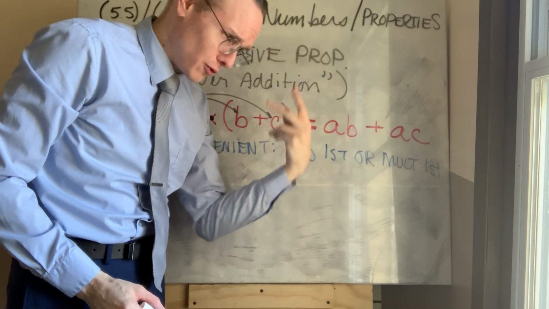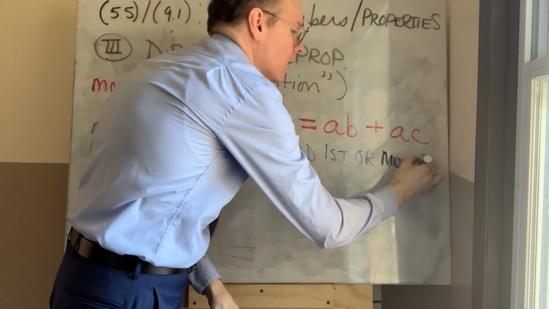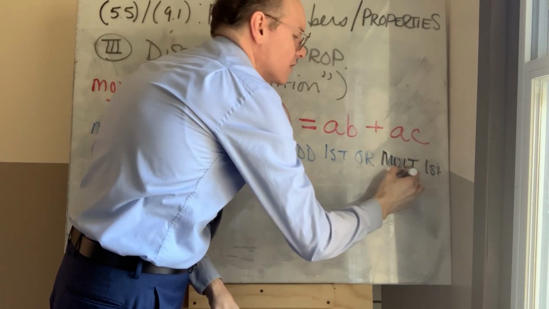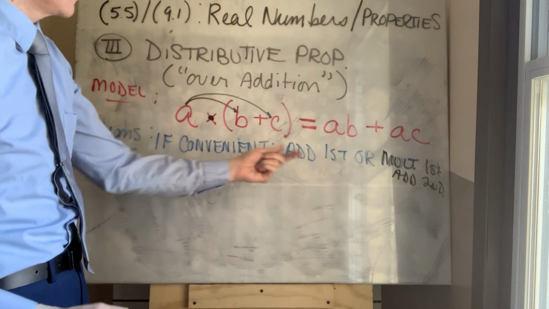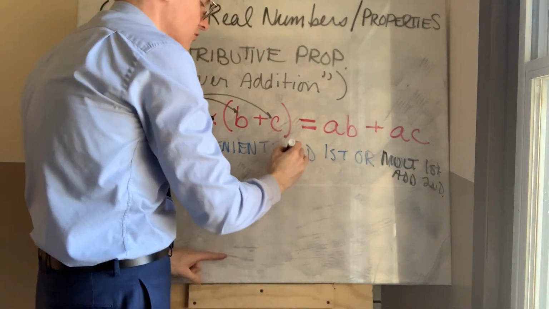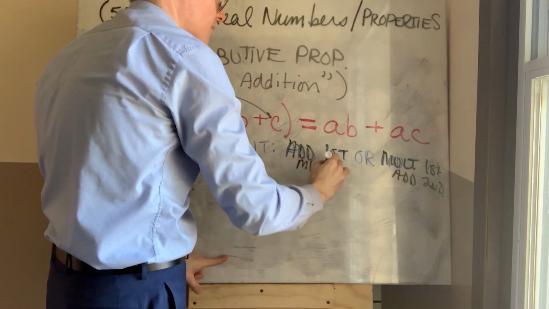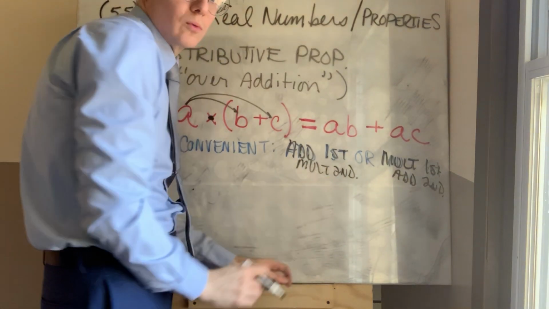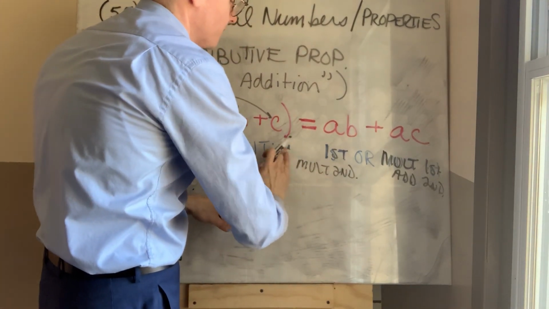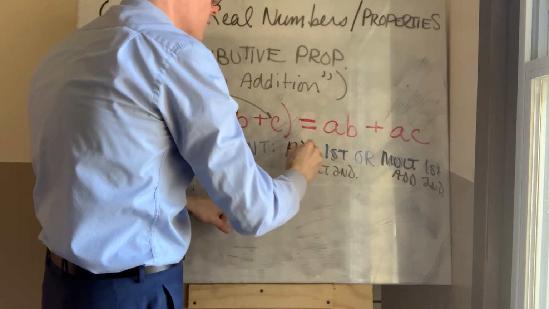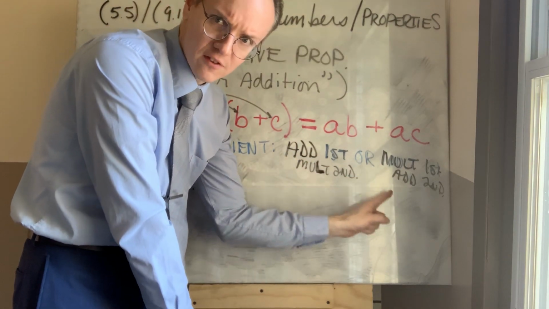And then, as an afterthought, you would add second. So in one instance, you could add first and multiply second. Hope that's not too sloppy. It's a little illegible. You can add first and multiply second, or you can multiply first and add second.